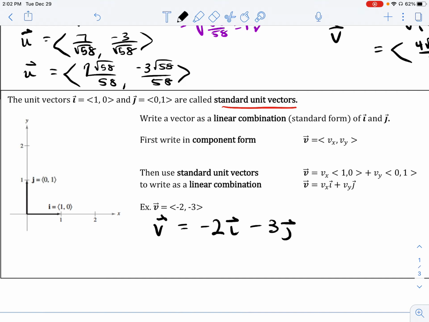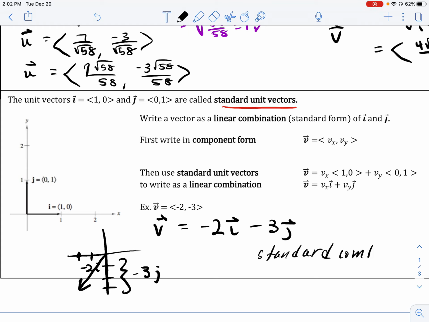And all this really means is that you're going to the left 2 i's, and then you're going down 3 j's. So this would be -3j. And this is where you end up. That's what that same vector, currently in its component form, looks like in its standard form, or as a linear combination. It's just another way of expressing the same vector, using its standard unit vectors.